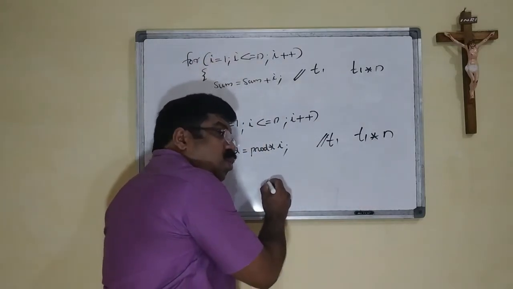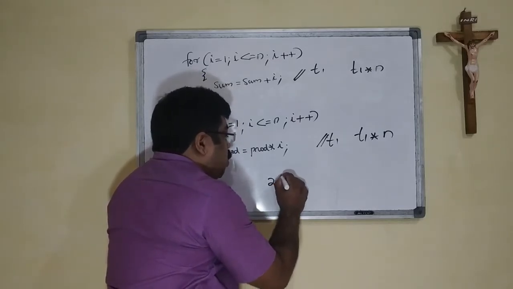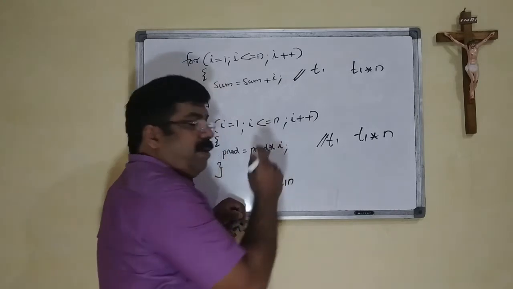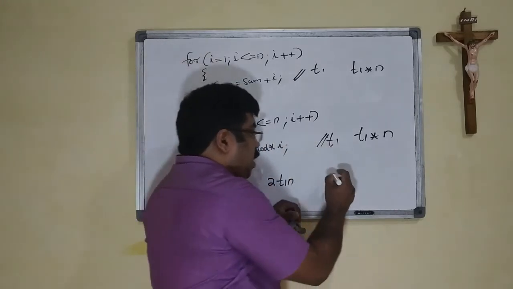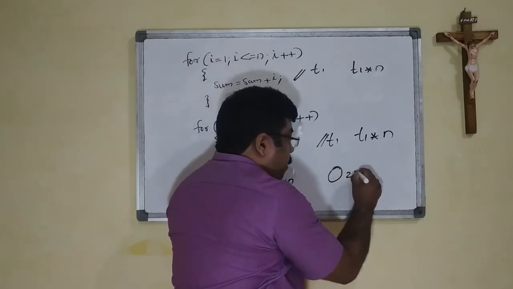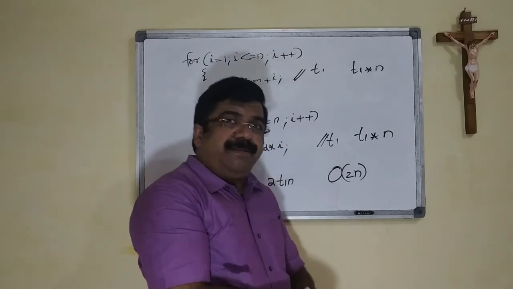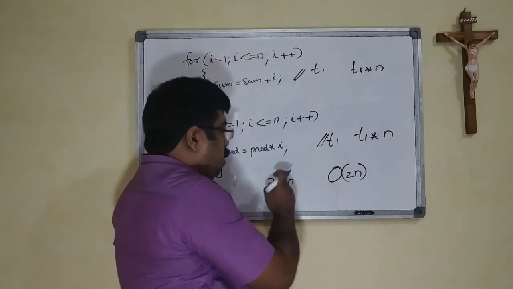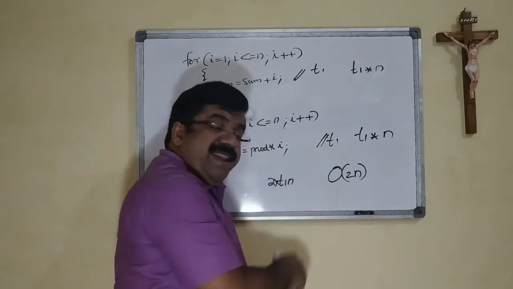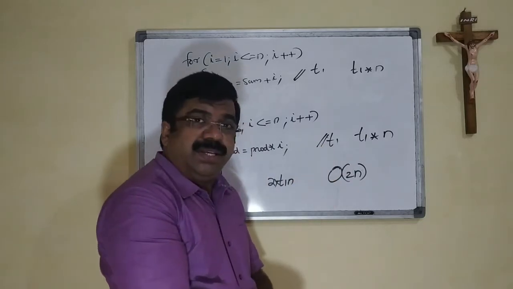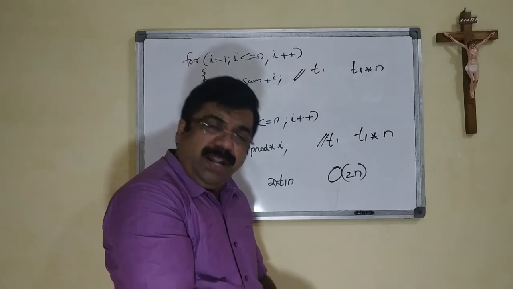We can say that the total time taken will be 2t1n, or we say simply O(2n). I think it is clear. Because 2 into t1n is written as O(2n). Clear?